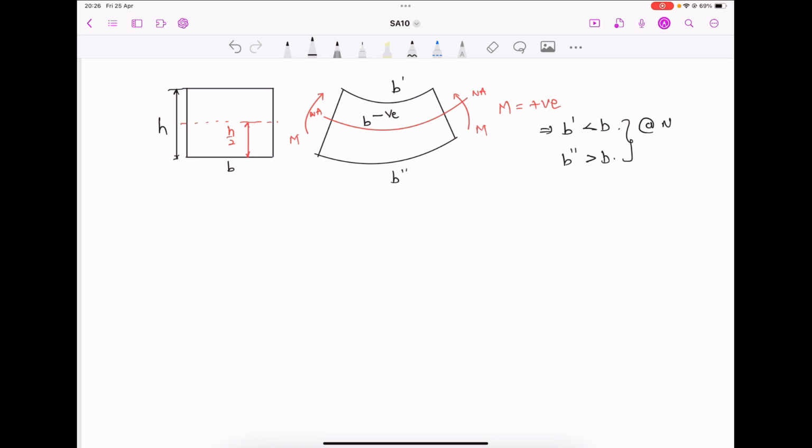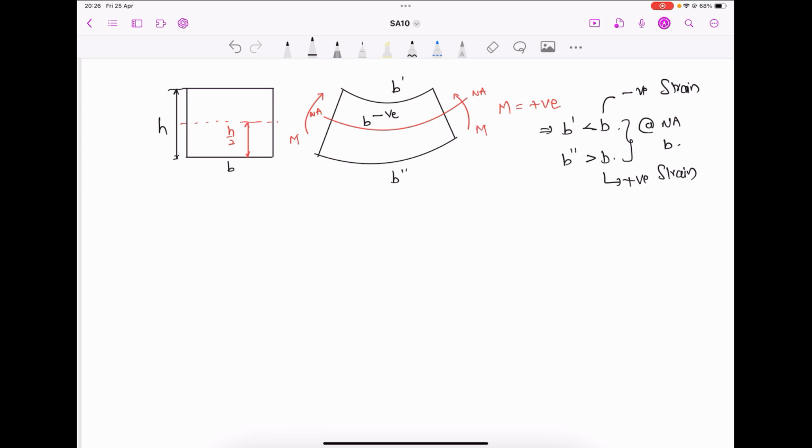At neutral axis, it remains the same B. Whenever B dash is less than B, that represents negative strain. Whenever B double dash is greater than B, this is positive strain.